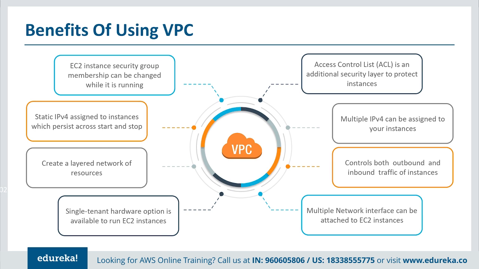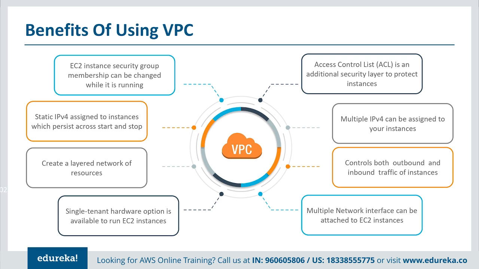The multiple benefits, we have spoken about most of them. Single tenant hardware, which means dedicated tenancy is available within a VPC. You can create a layered network of resources, so let's say for any application, 3-tiered, 4-tiered, or multi-tiered, you can create many subnetworks and then you can control what traffic you want to allow or disallow. Essentially a way of filtering the traffic at the network layer.